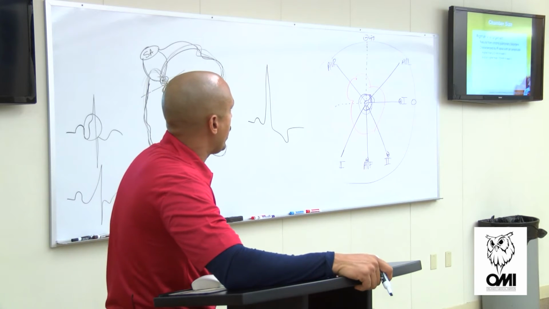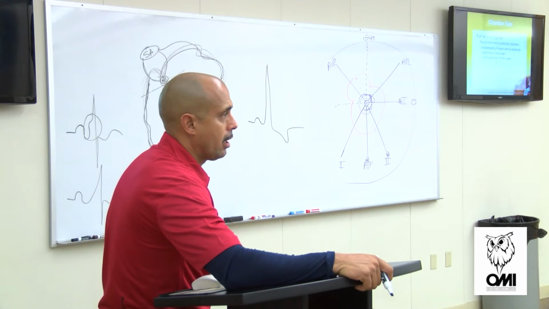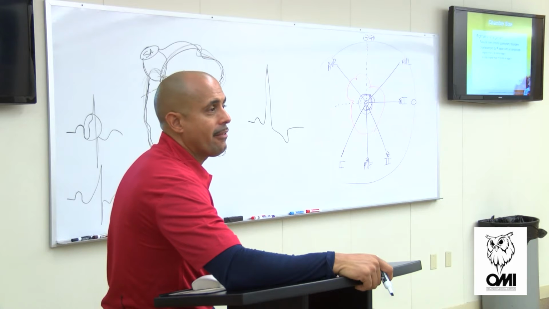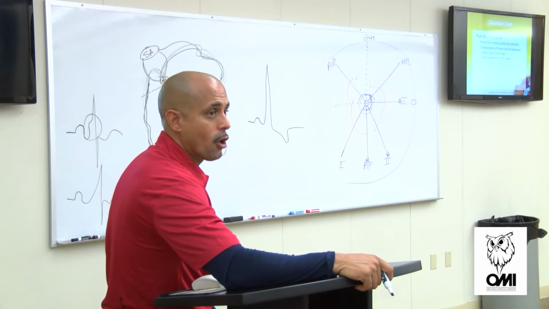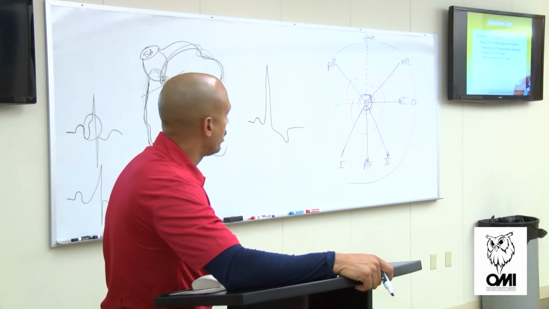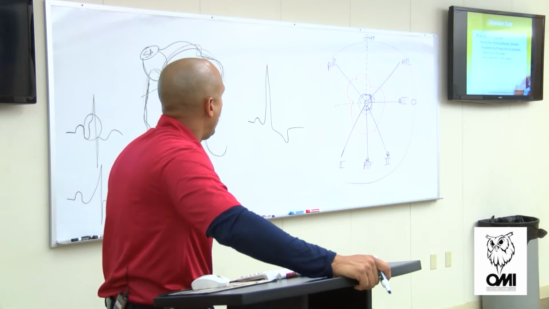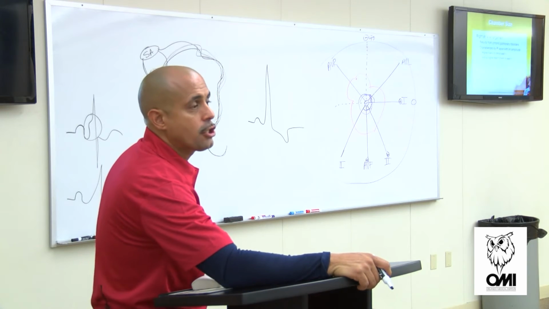So let's talk about right atrial enlargement. What represents atrial contraction on an ECG? P wave. So if I have atrial enlargement, I'm going to have a problem with my P wave. If my atrium is abnormally large, then my P wave is going to be abnormally large. So the height is going to be higher than 2.5 millimeters in lead 2.